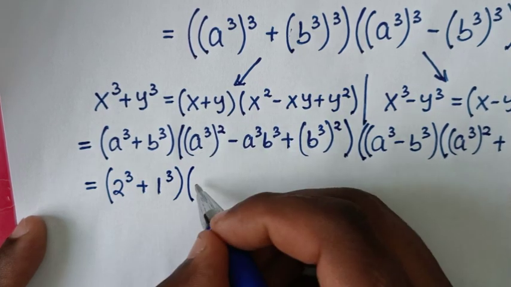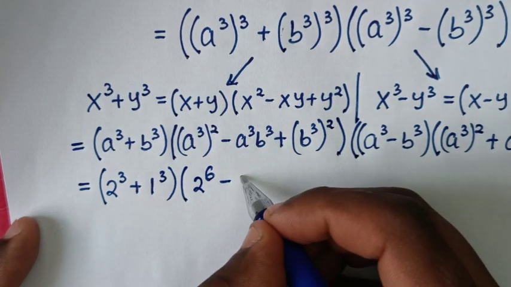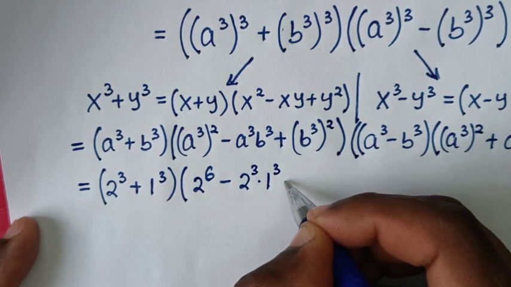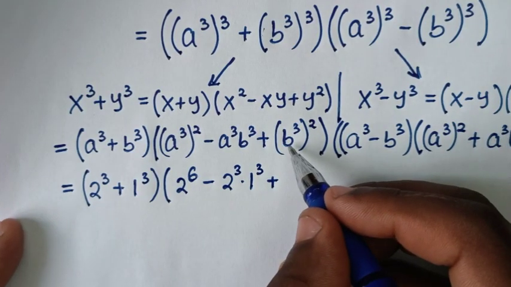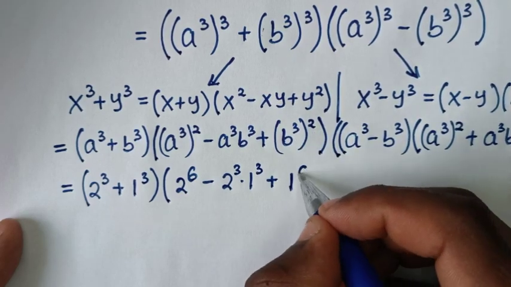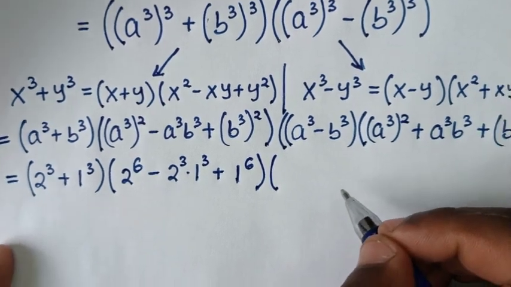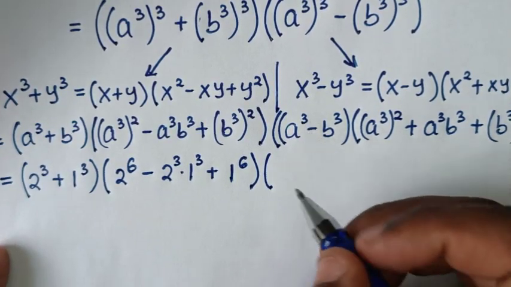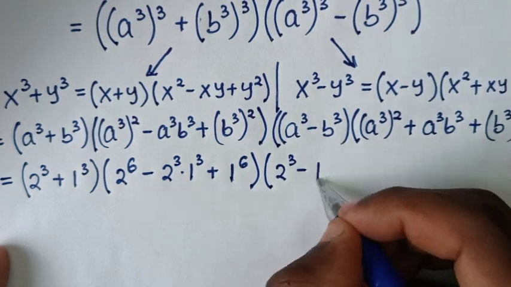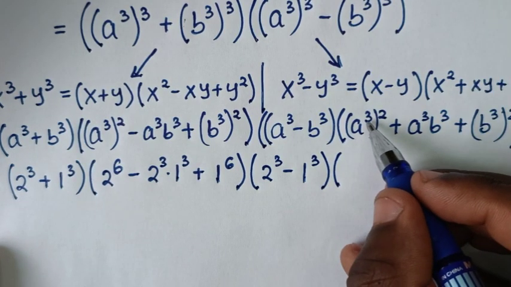So a is 2, so it will be 2^6, minus 2^3 times b, which is 1, so 1^3, then plus b, which is 1, so 1^3 squared is power of 6, bracket. Then into here, a^3, so a is 2, so it will be 2^3 minus b, which is 1^3, bracket.